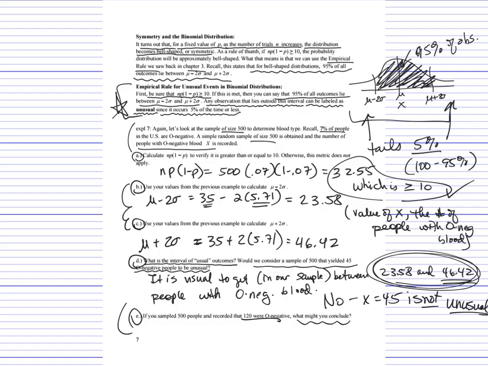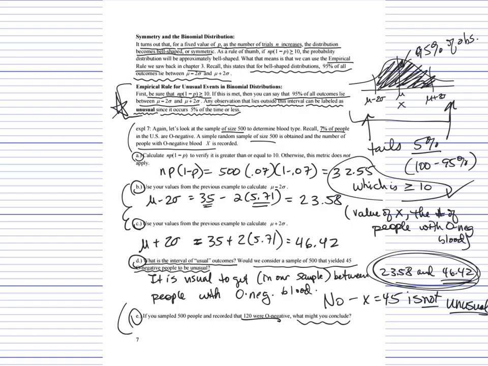There's a couple of different conclusions, and basically one is simply, well, it's random. It just happened. It's okay. That can happen. It's unlikely, definitely, but it could happen. The other conclusion, which is usually the one you go with, is that it is very, very unusual. That's a lot of people who had O negative. So probably we had some data entry errors or something of that nature.